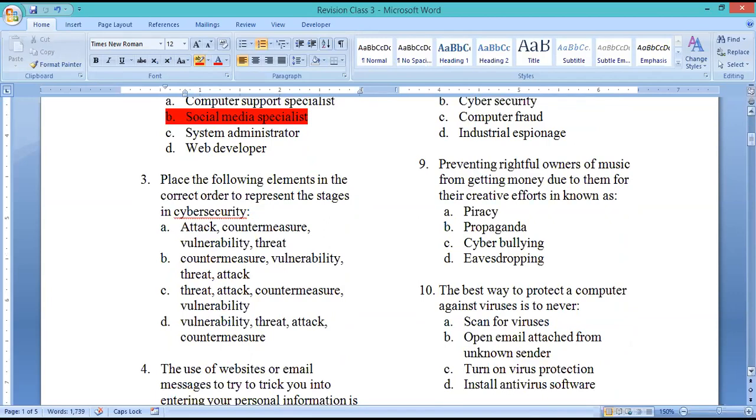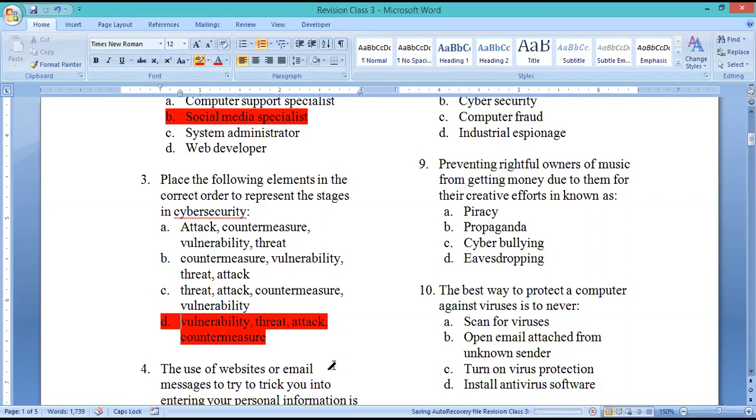Place the following elements in the correct order to represent the stages in cybersecurity. This kind of stems back to number one. D would be the answer. What's D? Vulnerability, threat, attack, and countermeasure. Very good. First, the system would be vulnerable.